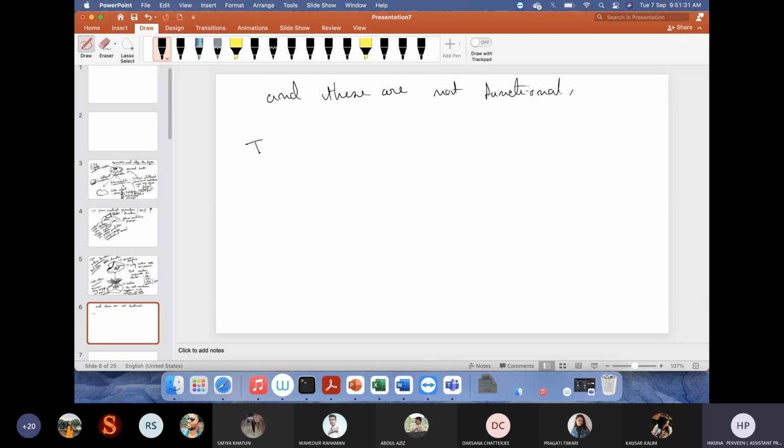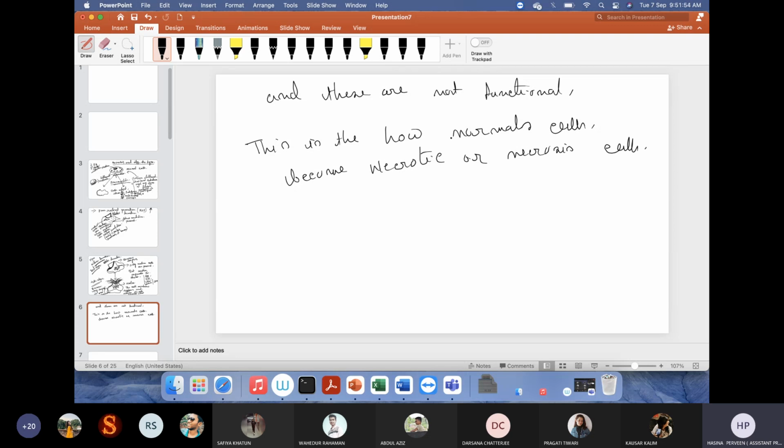So this is how normal cells become necrotic cells.